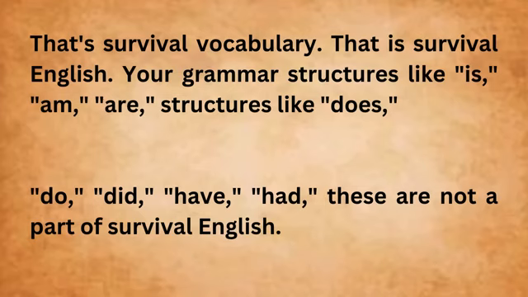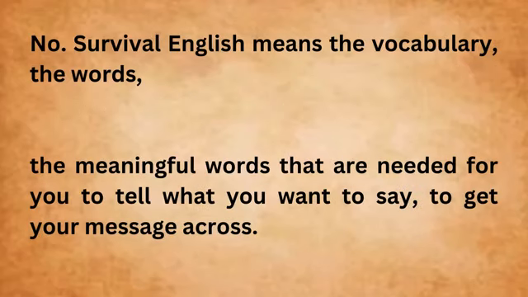That is survival English. Your grammar structures like is, am, are, structures like does, do, did, have, had. These are not a part of survival English. No. Survival English means the vocabulary, the words, the meaningful words that are needed for you to tell what you want to say, to get your message across.